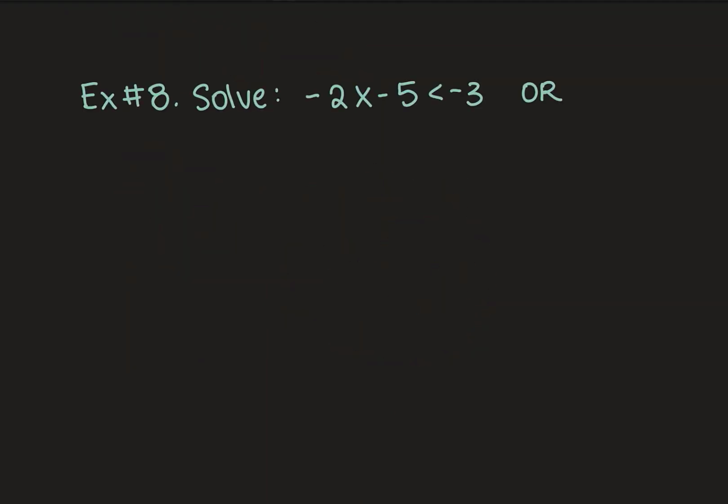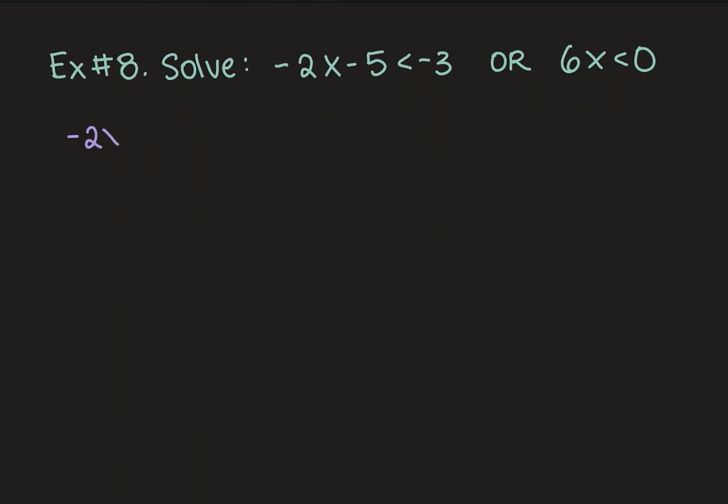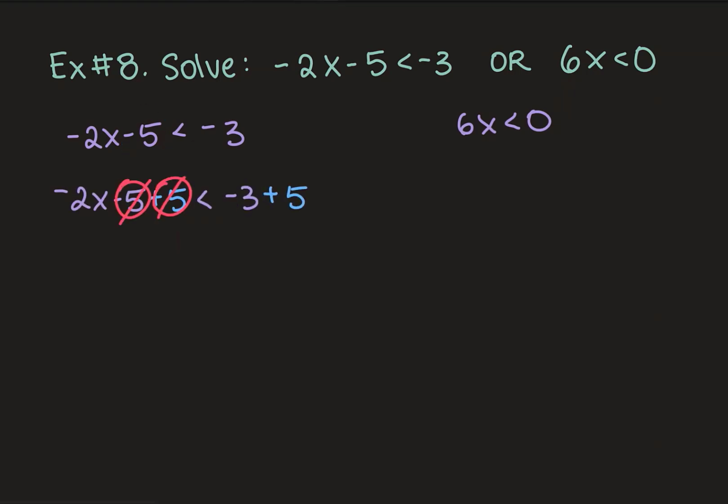All right, for our last example, we have the following compound inequality. So start by solving the inequality separately. For the first inequality, to get rid of the -5, we add 5 to both sides and simplify. Then we divide both sides of the inequality by -2. But remember, since we're dividing by a negative number, we have to reverse the inequality symbol.